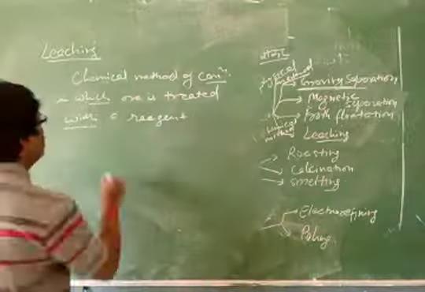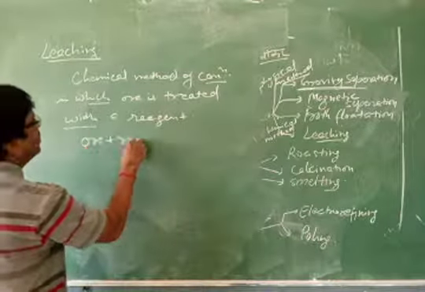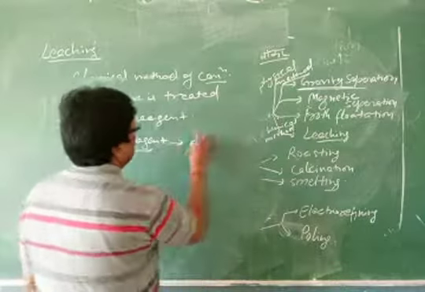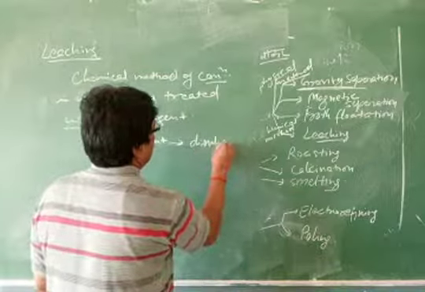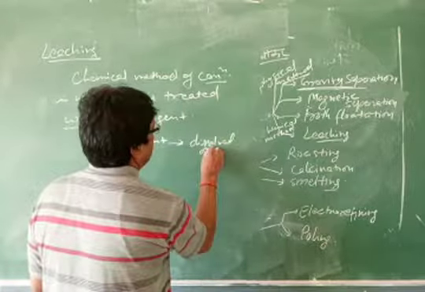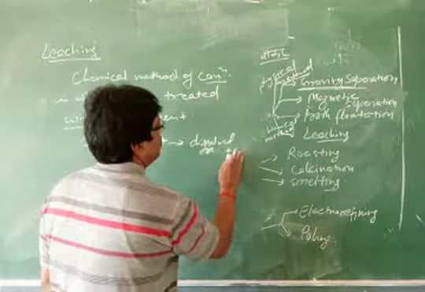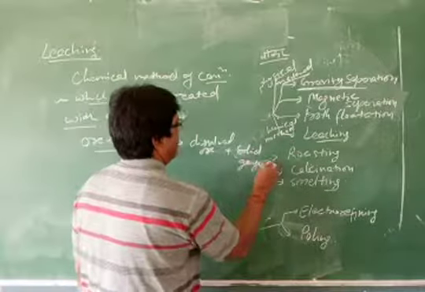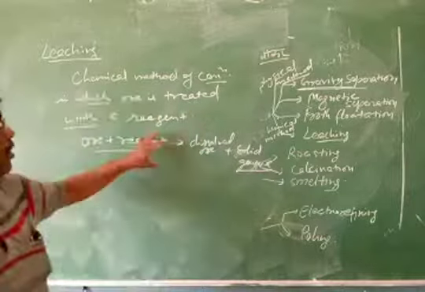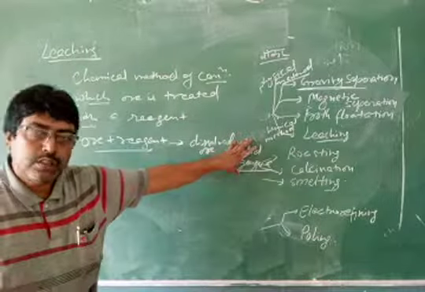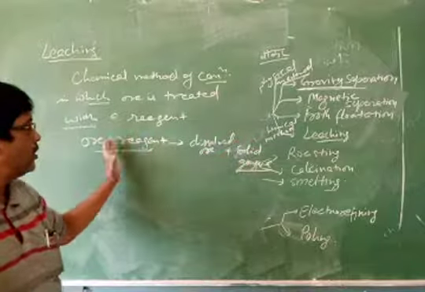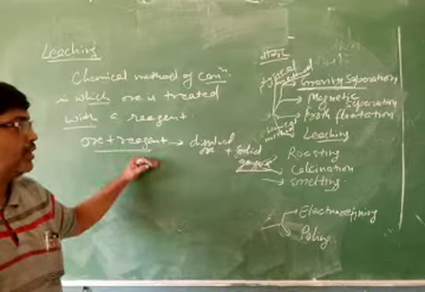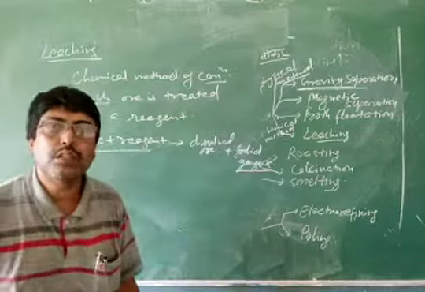So ore plus reagent gives dissolved ore plus solid gangue particles. When ores are treated with the reagent, the ores dissolve in it and the gangue particles remain undissolved.